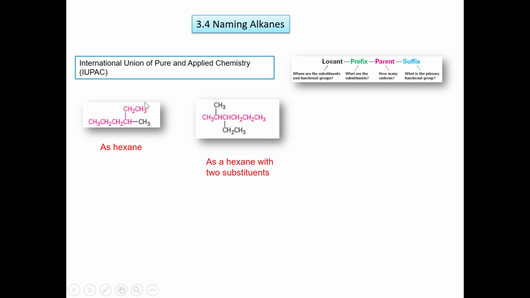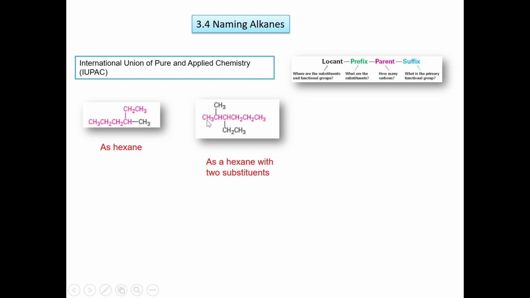That means it's a hexane that has a substituent in position 3. Why position 3? Because if I start numbering from the other carbon, I will get position 4, and I always need to get the lowest number possible.